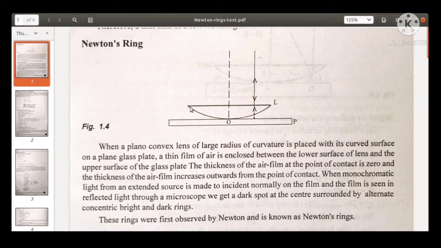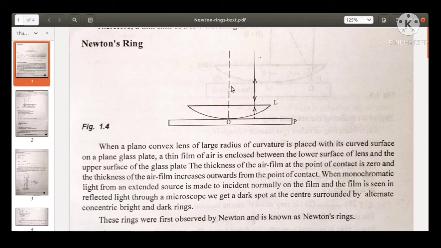A convex lens means one side is bulged like this, and plano means one side is plane. So this is the plano convex lens which is placed on the surface of a glass plate. Okay, so this is the setup.